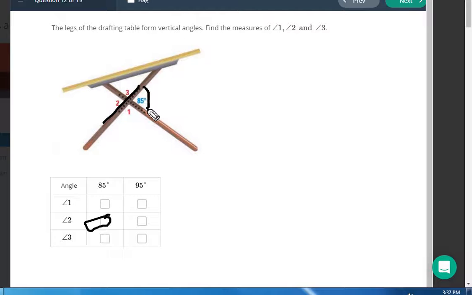So we know that this piece of our angle is 85, and a straight line is always 180 degrees. So if we subtract our 85, it will leave us with 95. So we know that angle 1 is going to be 95, and angle 1 is across from angle 3, so that would also be 95.